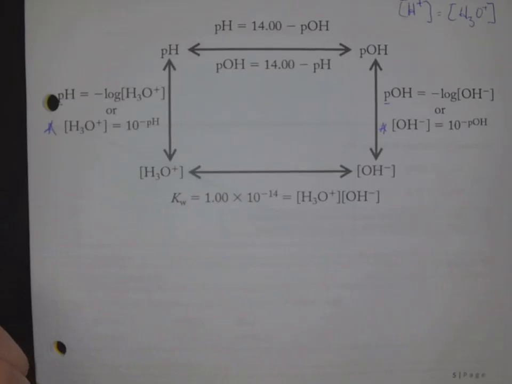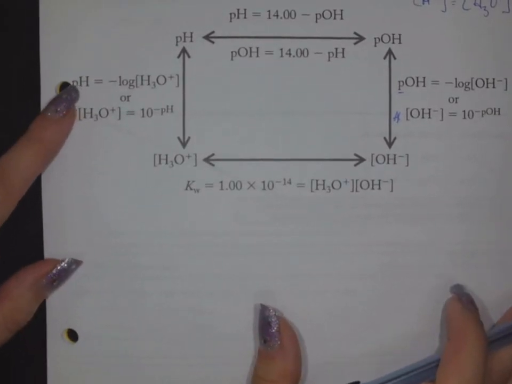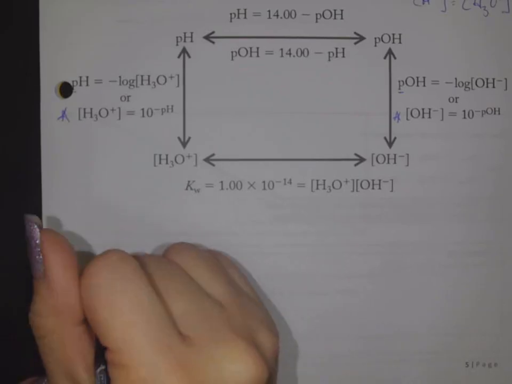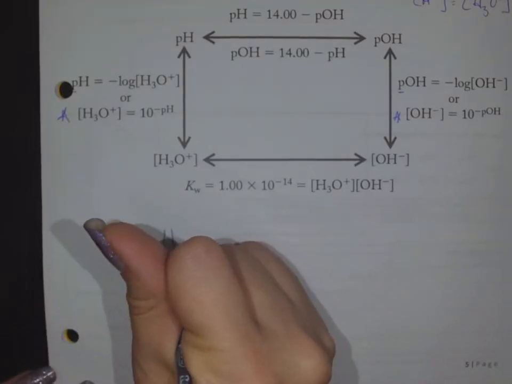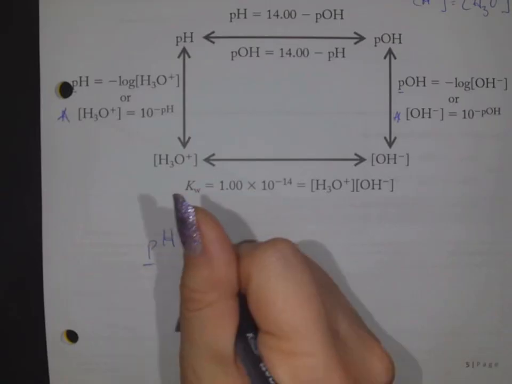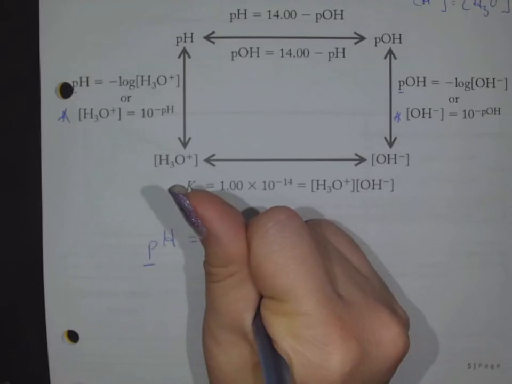Let me talk through each of these, and then I want to show you where they're at on your reference guide. So let's start with just the equation for pH. pH is equal to the negative log of the concentration of hydronium, or the concentration of H+. Well, guess what? If you add a P in front of anything, this means negative log.